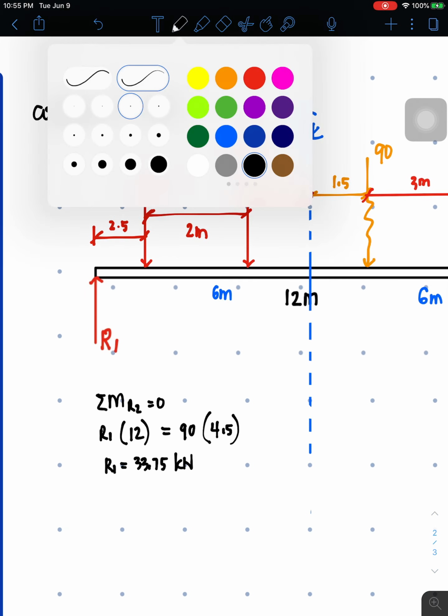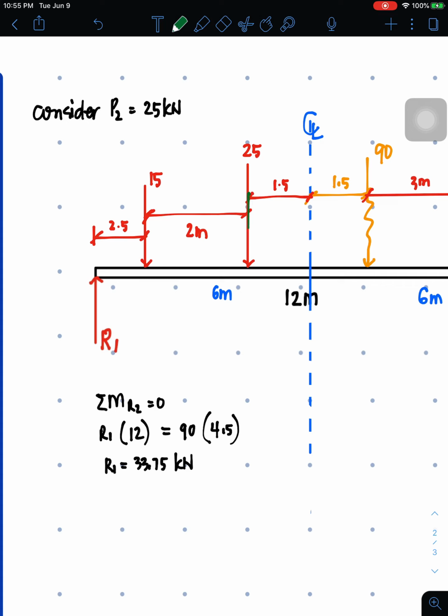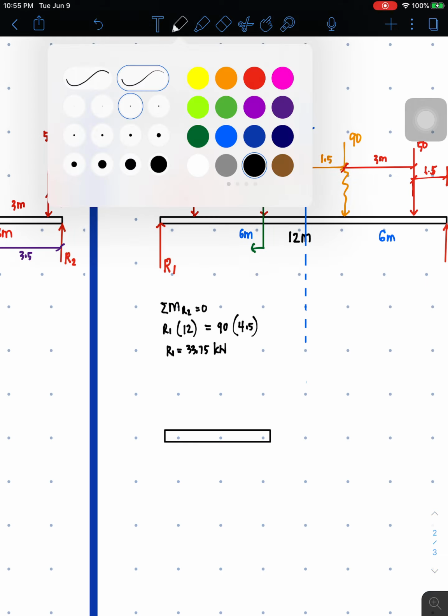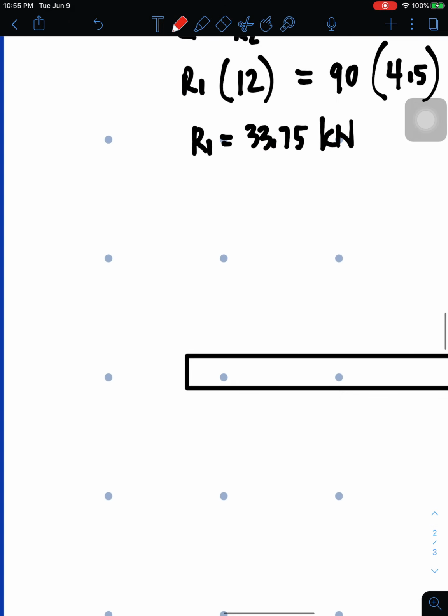Now, we're gonna cut this portion here of the beam and only consider this. So let's redraw the figure. So let's draw the figure without the 25 because that's where we cut. So I'll place here the R1.